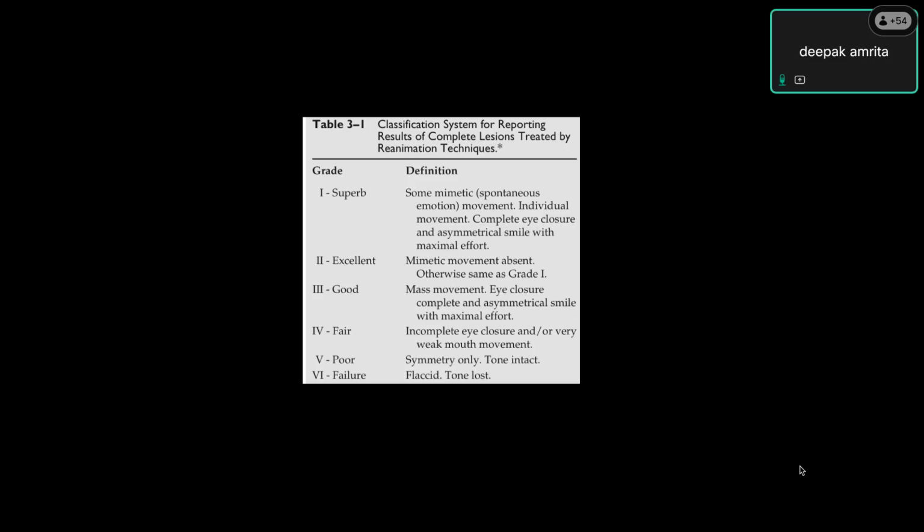In grade 3, mass movement is present and eye closure is present, and an asymmetrical smile is voluntarily possible with maximal effort. Fair is incomplete eye closure and weak mouth. Poor is where there's only symmetry, but tone is intact. And grade 6 is failure with flaccid musculature and tone is also lost.